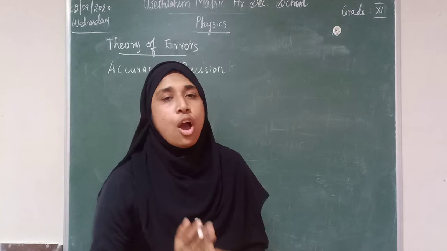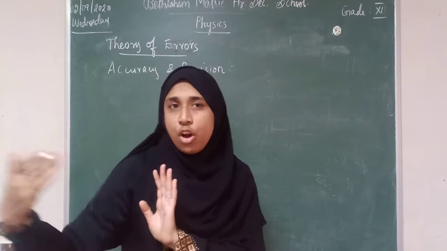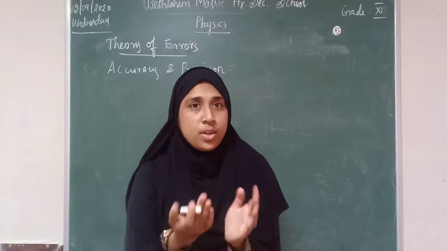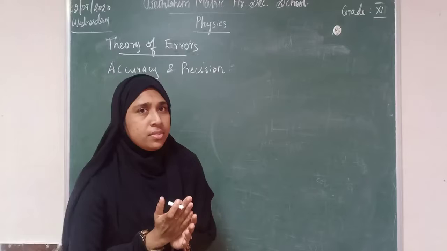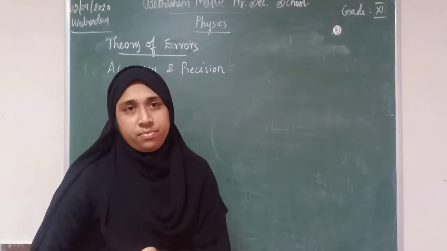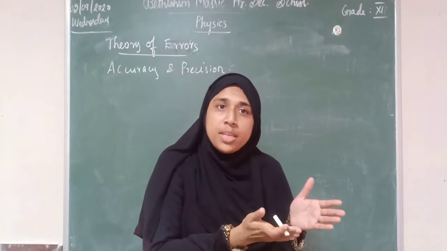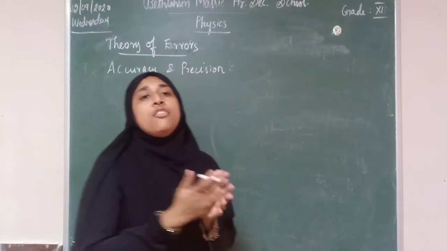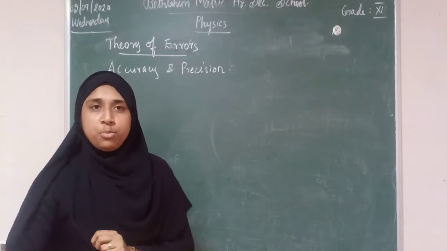Accuracy means how far we are from the true value, how far we are from the exact value. That is known as accuracy. What do you mean by precision? How well we are measuring. That is the difference. Accuracy means how far we are from the true value. Precision means how well we are measuring.